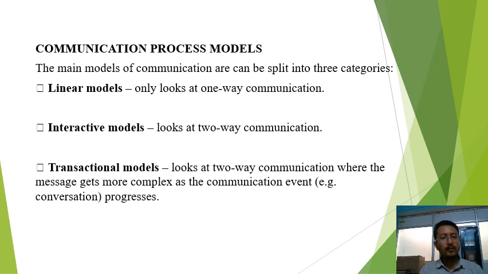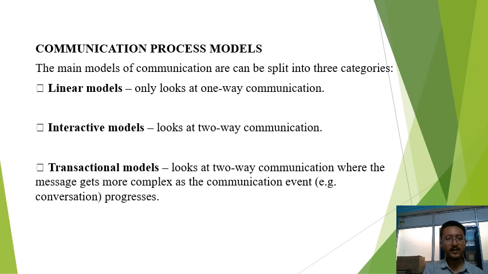So let us see what are the types of communication process models. Now, these models can be generally categorized into three broad categories. The first is the linear models, which basically look at one-way communication. Then there are interactive models, which focus on two-way communication, right?